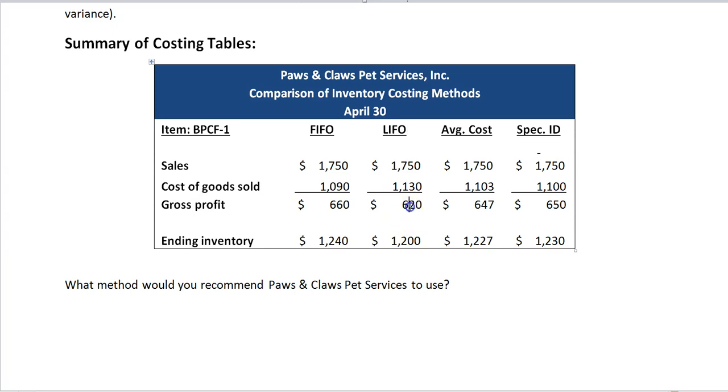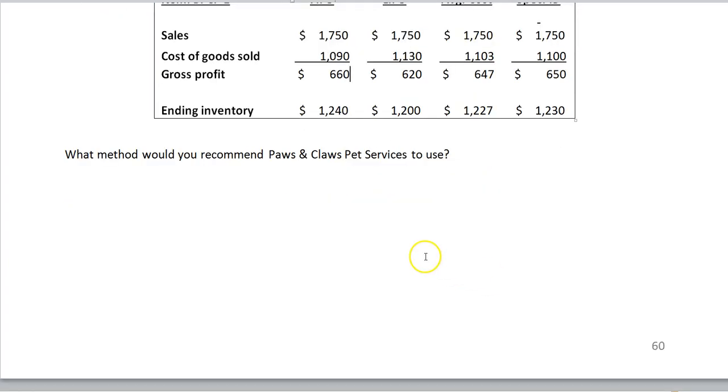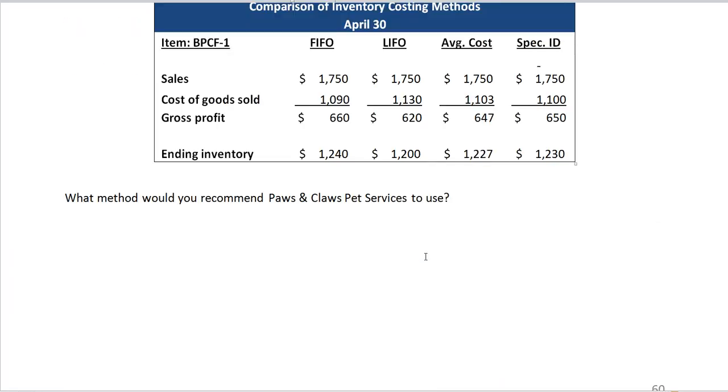LIFO would give them a small tax advantage, but it's only like $40 the difference here. So if anything, you could write LIFO for the tax advantage, or other than that, really FIFO just due to simplicity. There's really not a right answer necessarily. If they had large inventories, we could say the right answer is to use LIFO for the tax advantage, but without having a large inventory, the effects are really minimal and immaterial.